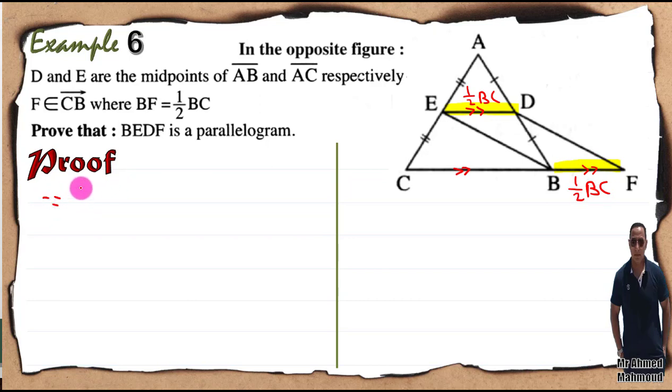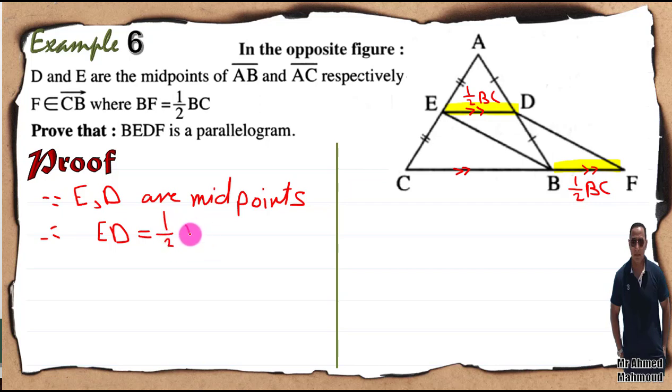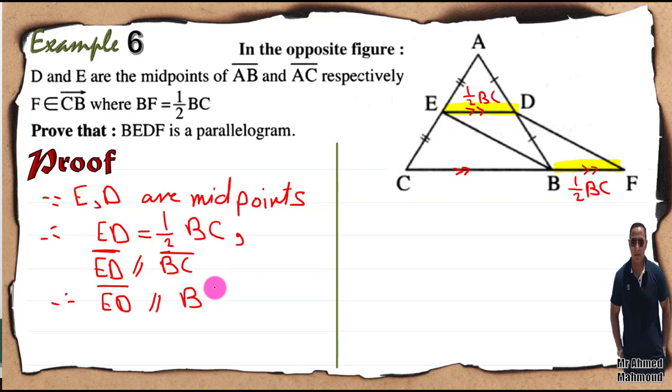So since E and D are midpoints, therefore ED equal half BC and ED parallel to BC, therefore ED parallel to BF.